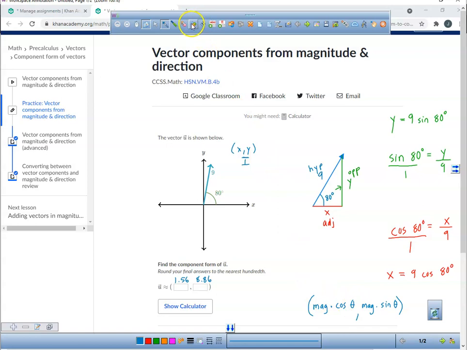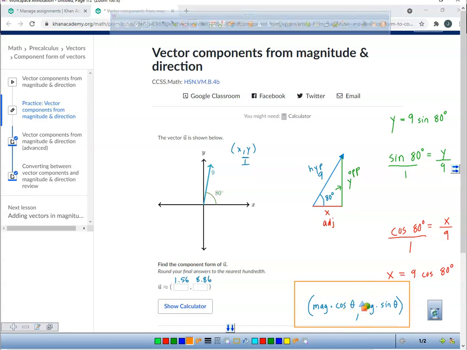What do I want to make sure that you guys write down? That's your shortcut, okay? Just mag for magnitude, okay? All right, so we got 1.56 and 8.86.